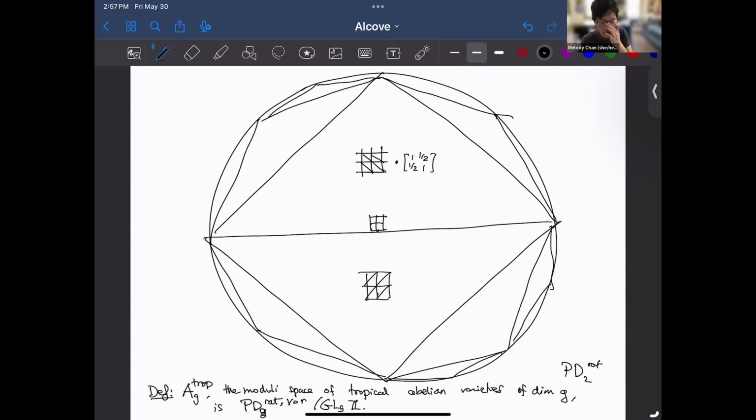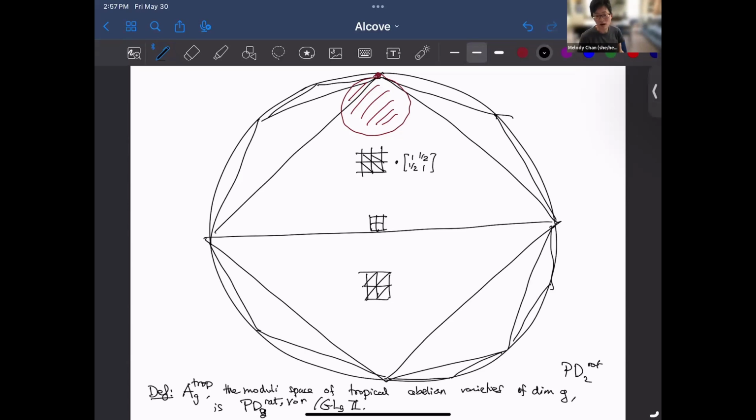There's a bit of a subtlety here. You might just say, what did the tiling have to do with it? And the answer is that it imposes a different topology. So when I write PD_g^rat Voronoi, I mean the topological space that you get by taking each of these cones, all of them, and gluing them combinatorially according to the diagram. It's a little bit different topologically. For example, this point here has an open neighborhood that looks like this red region, which is not true in the induced topology.